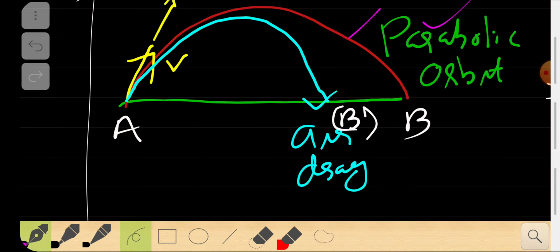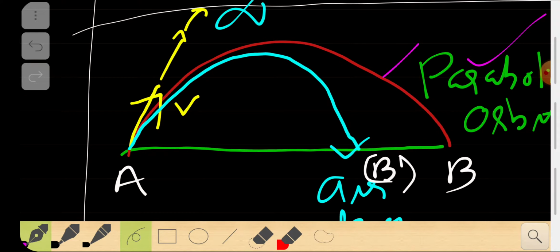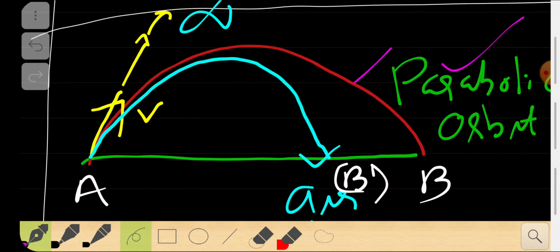So the ball will go in a slightly different path, which is not parabolic. If it is parabolic, the initial angle will be the same as the end angle.